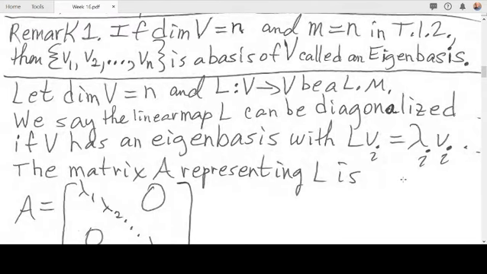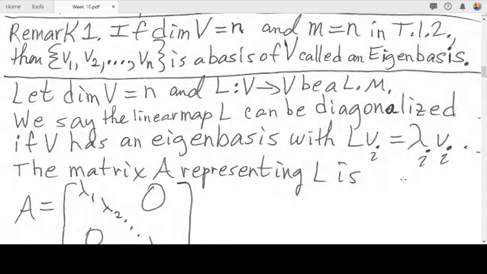Let L be a linear operator on V. We say then that the linear mapping L can be diagonalized if V has an eigenbasis with L vi equal lambda i vi.